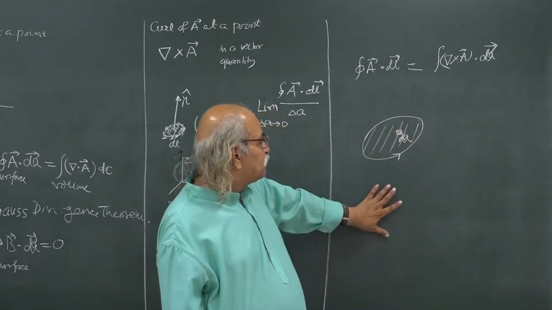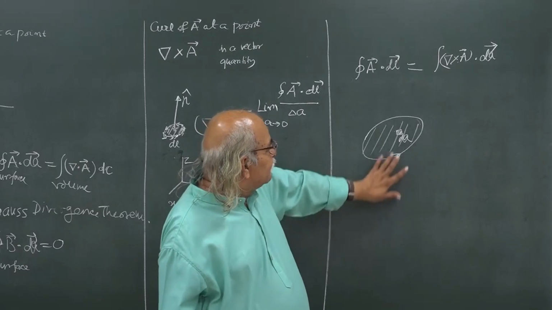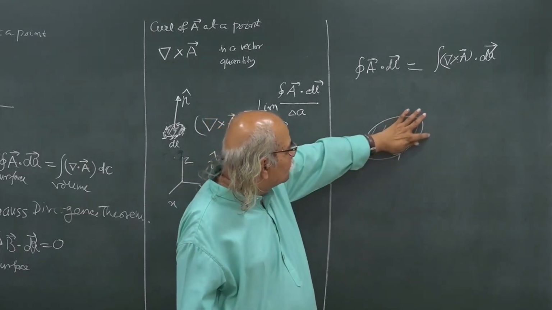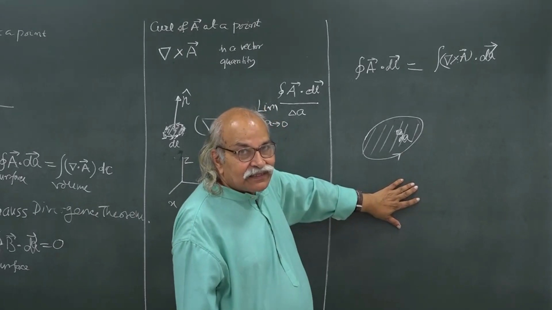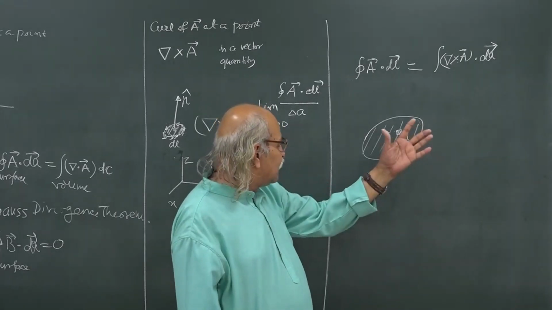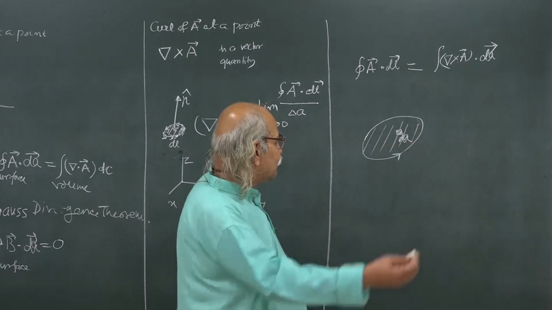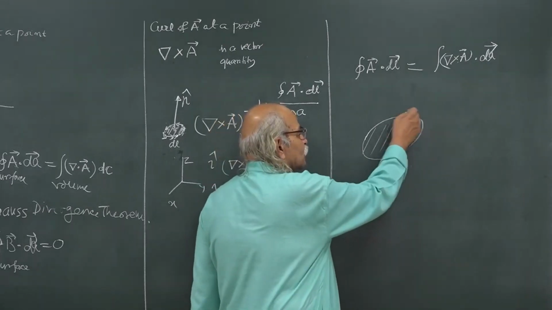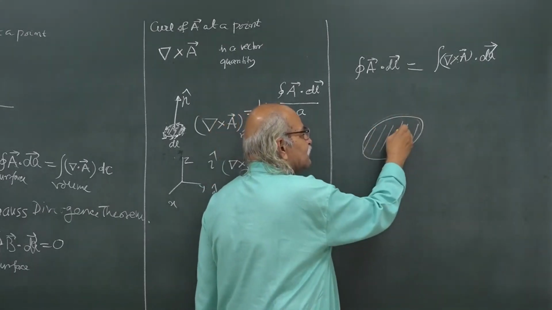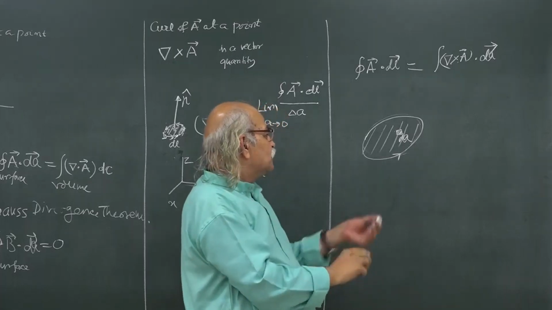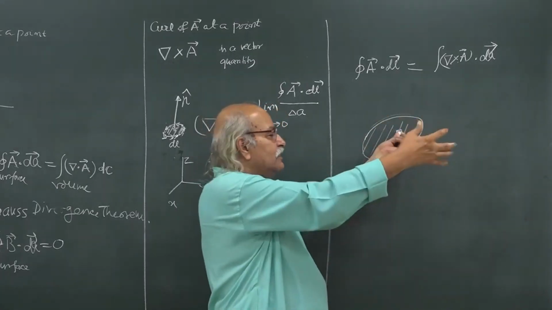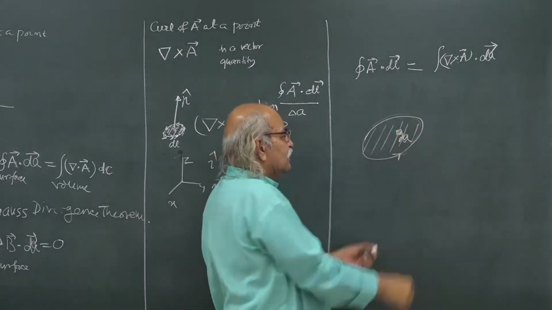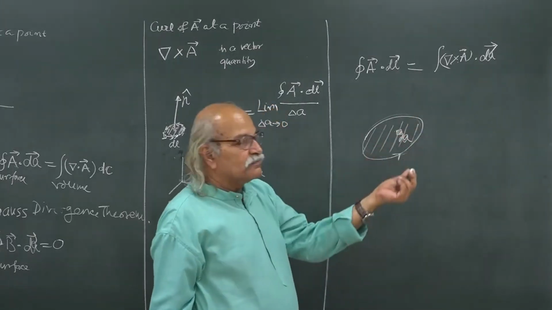So, in this particular picture, if the loop taken is in the plane of the board, then if I see it from this side, what I find is that it is going anti-clockwise. So, this dA vector will be coming out of the board towards me. If I see from here and find that it is anti-clockwise, that means this dA vector is towards me.